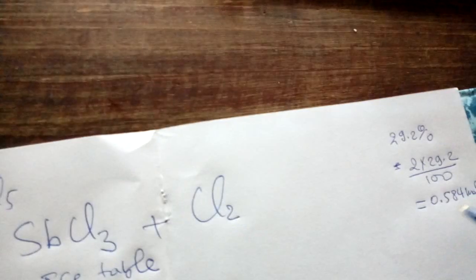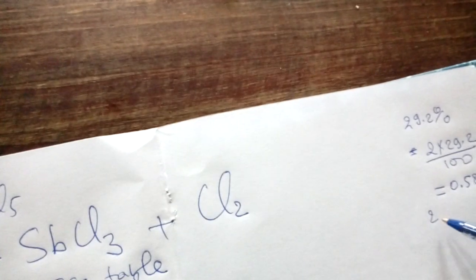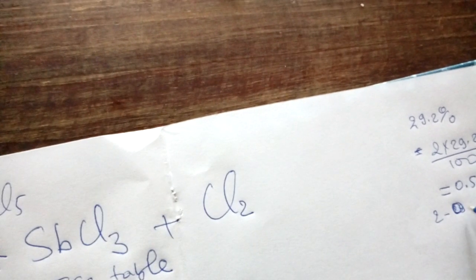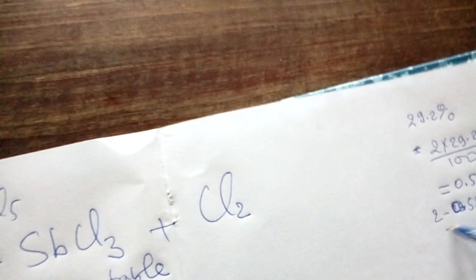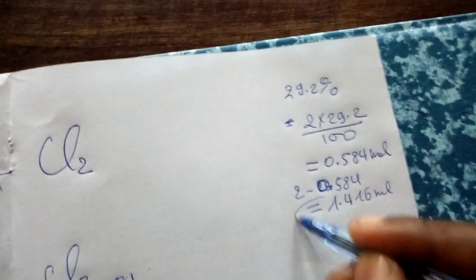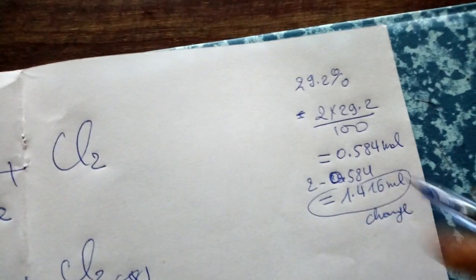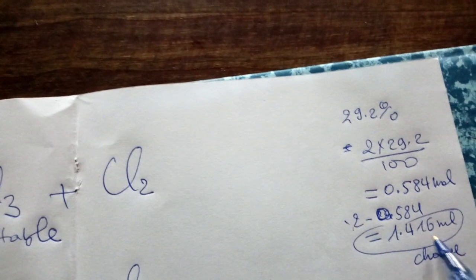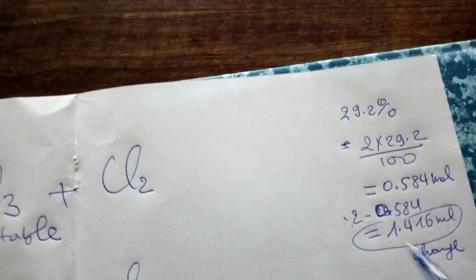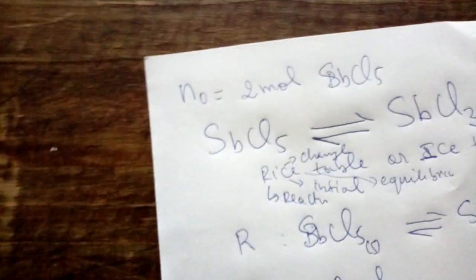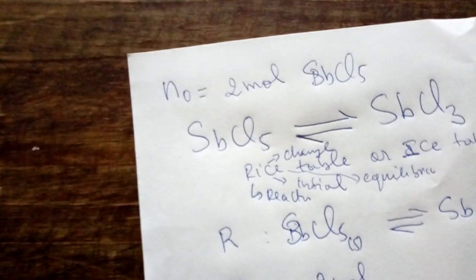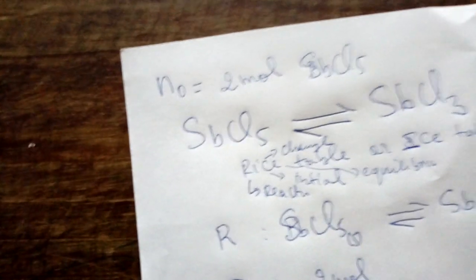It means that the remaining, 2 moles minus 0.584, is 1.416 moles. This is what is changed, because if we subtract 1.416 moles from 2, the remaining is 0.584. It means that the change is negative 1.416 mole.